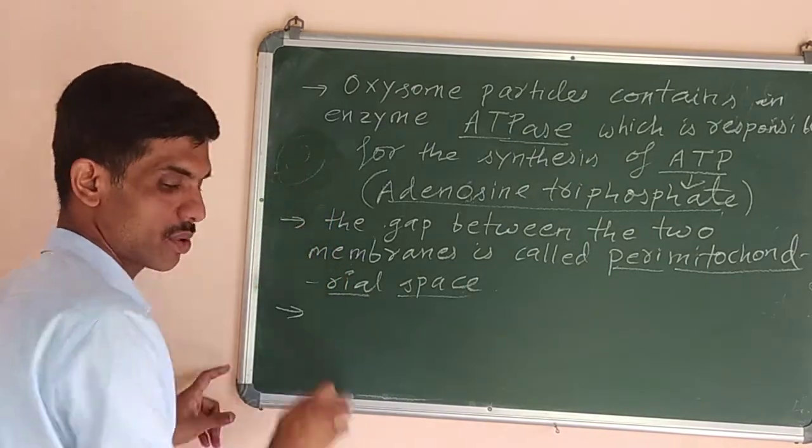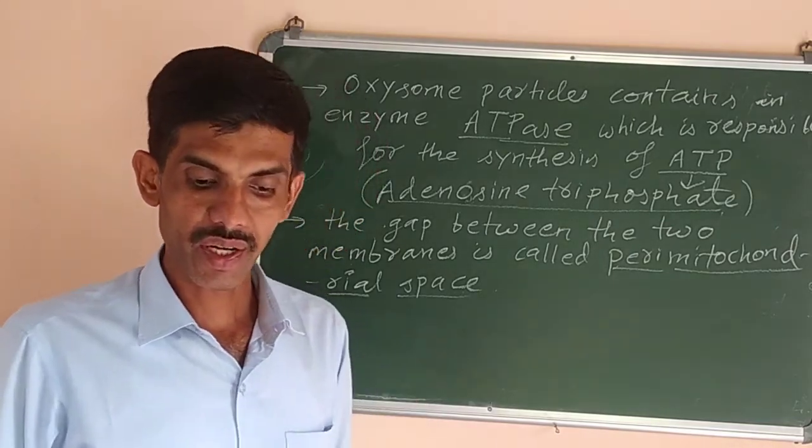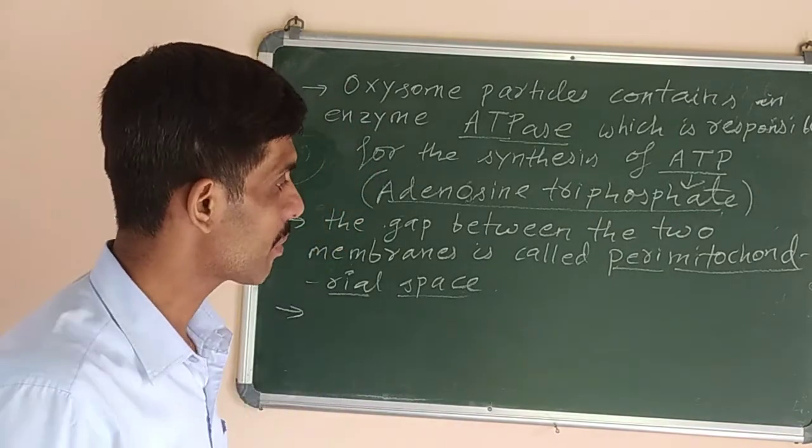Got it? Understood? Now next point, we have the central cavity, the middle part of the mitochondria.